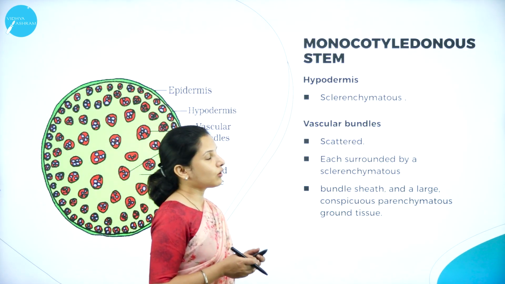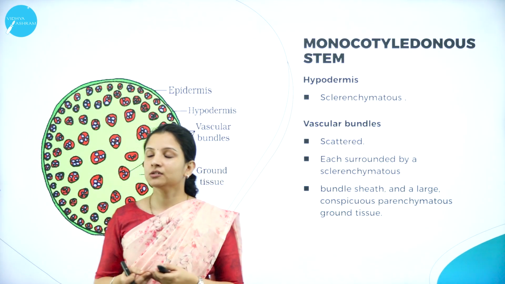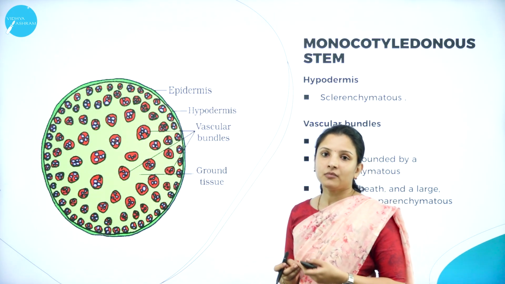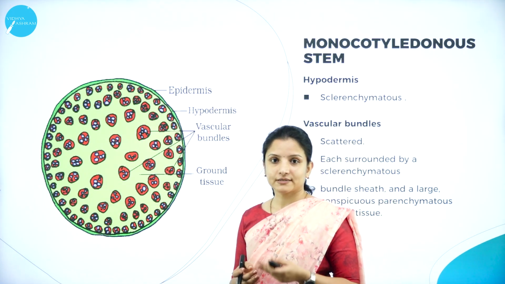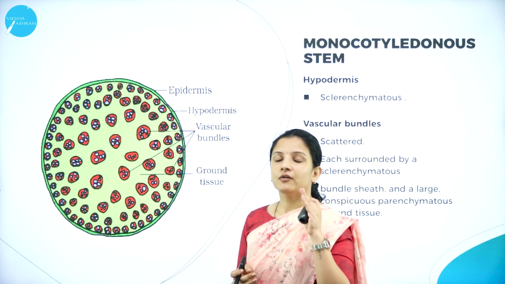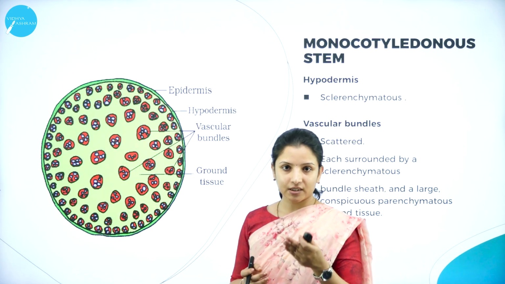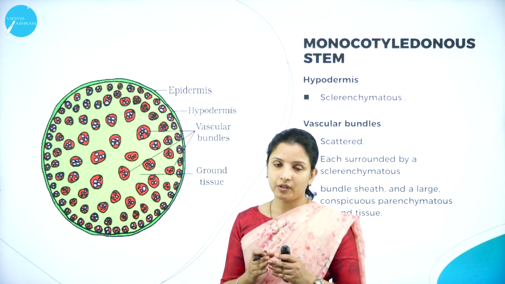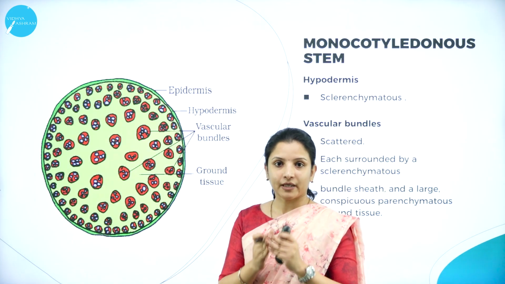The monocot also has an epidermis which is covered by a stem hair, which is also called the trichome. And apart from the epidermis, it also has a cuticle layer which is a waxy coating. All that is similar to the dicot stem as well.